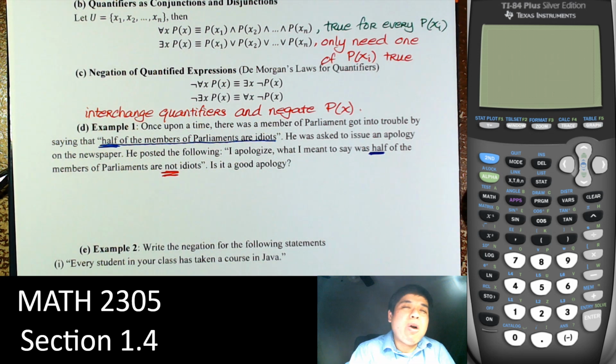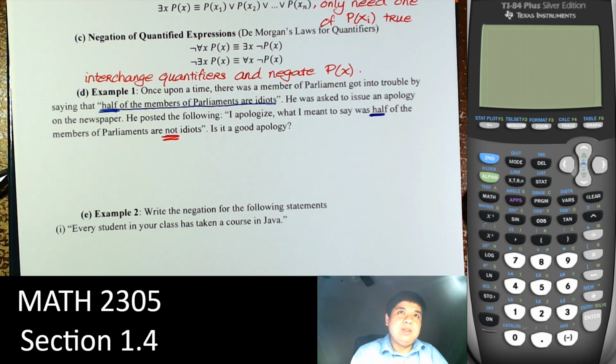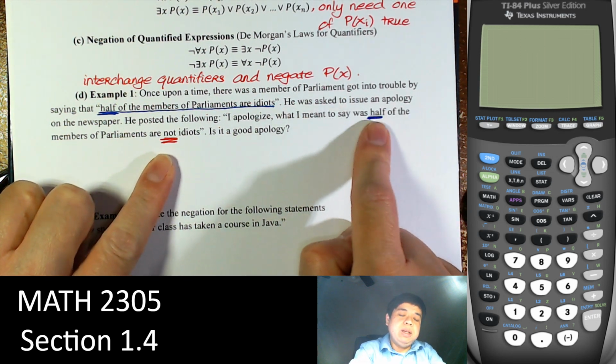So that's why when we want to negate a quantified statement, we do two things. Interchange the quantifiers, universal to existential or existential to universal, and then negate the predicate. The problem here is that the quantifier has to be changed.